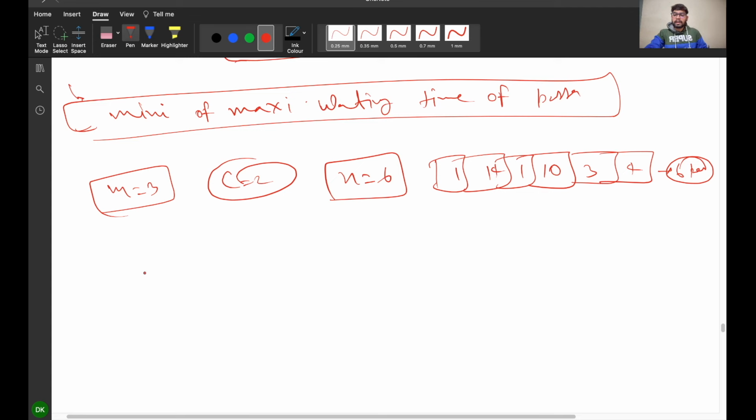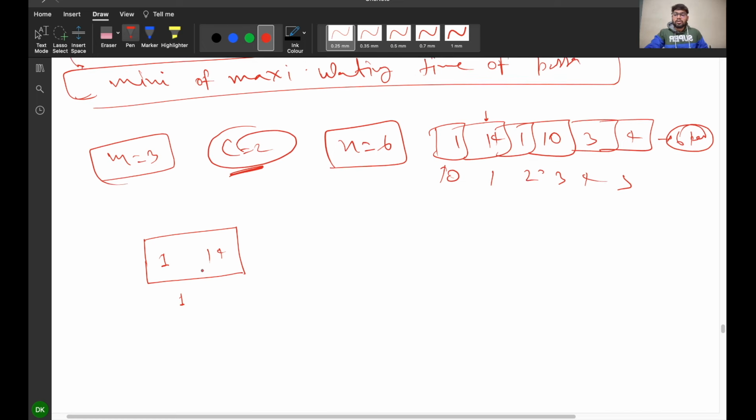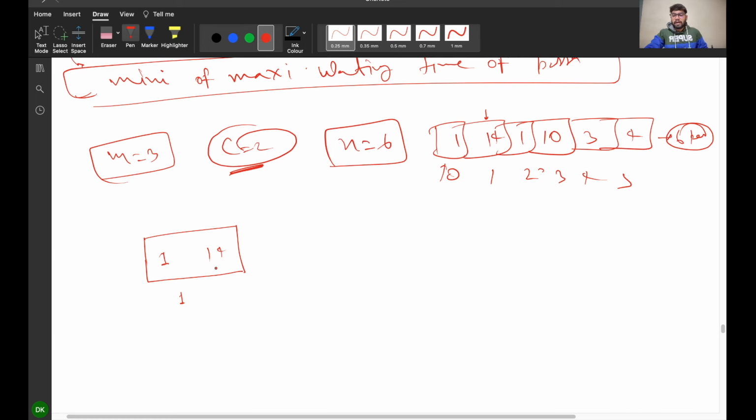How can we do that? Let's say this is bus number 1, and the people are indexed 0, 1, 2, 3, 4, 5. I am picking the first person and placing them into bus number 1. After that, I am placing the second person into bus number 1 as well, because the maximum capacity is 2. So the overall maximum waiting time for this person is 14 minus 1, which is 13.